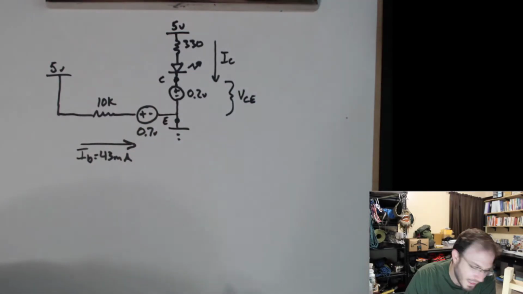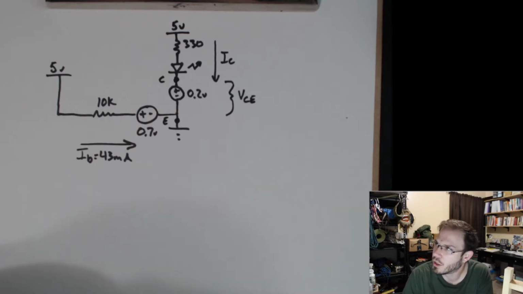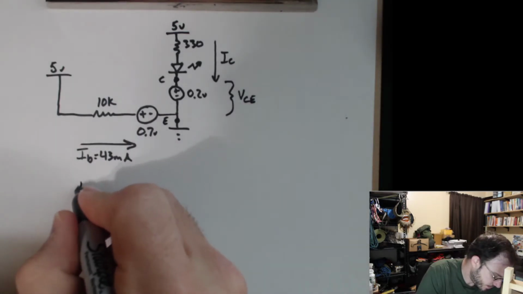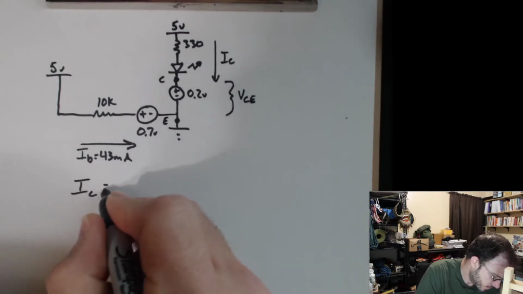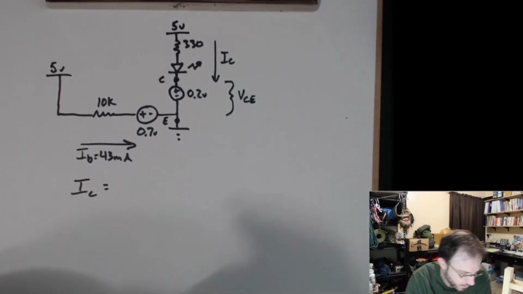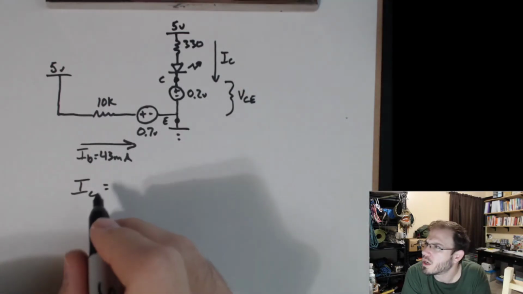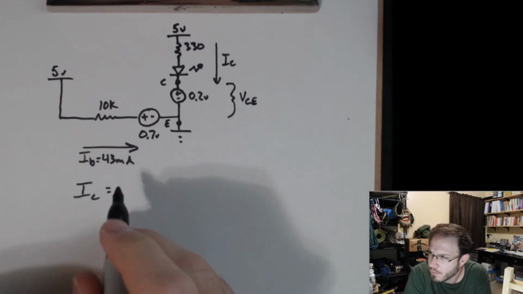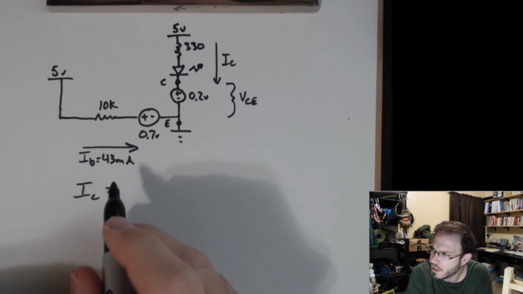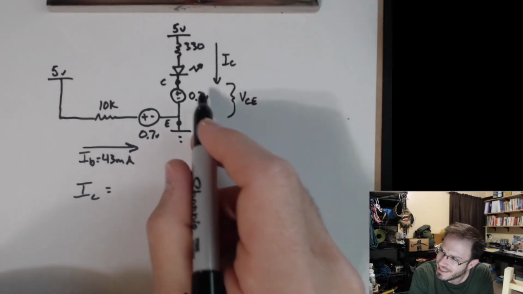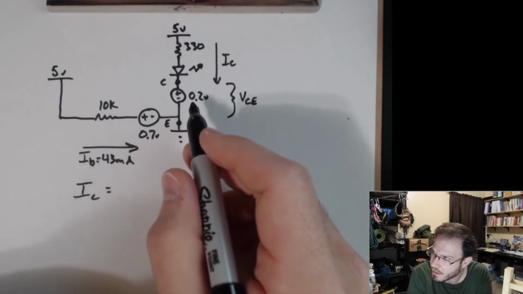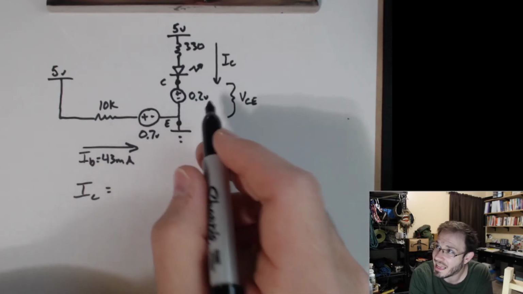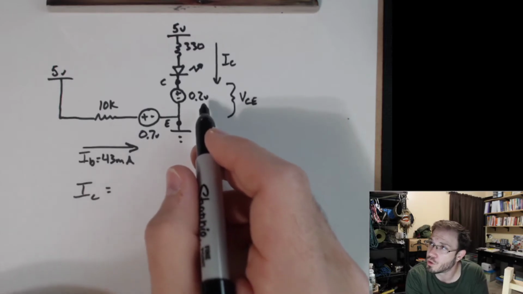So let's solve for our collector current first. What's our collector current equal to? Well, it's not the same as before, because we were running within its linear region. This was limiting the current to something. Now it is not. It just has a fixed 0.2 volt drop.